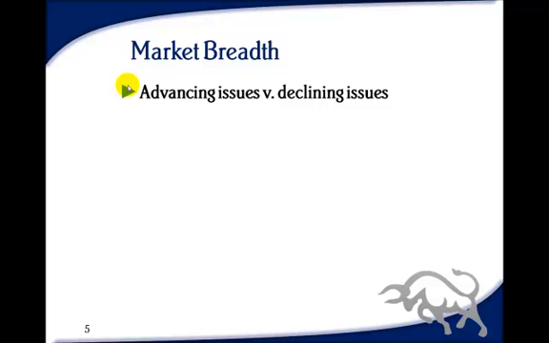And if you have a lot of declining issues, it's a bear market, then you'll be down below 1, and chances are you'll go down towards 0. If you do the dividing, you'll probably find it's too jagged to interpret, and what you can do is smooth it out by using, say, a 10-day simple moving average. Many of these indicators work better if they're smoothed out that way.